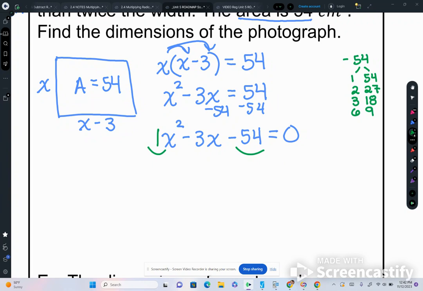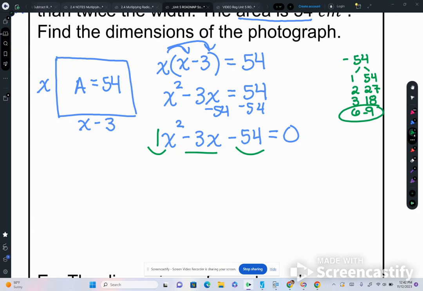We're trying to figure out how we're going to get a negative 3 in the middle. The easiest case would be using 6 and 9, and our 9 would be the negative. So 6 minus 9 gives you negative 3, and 6 times negative 9 gives us our negative 54.